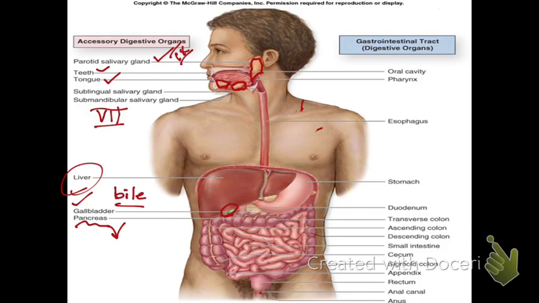But in fact, only a very small percentage of the pancreas is involved with making those hormones. The vast majority of the pancreatic function is related to releasing digestive enzymes that help break down food in the digestive process. So those are the accessory organs of the digestive system.